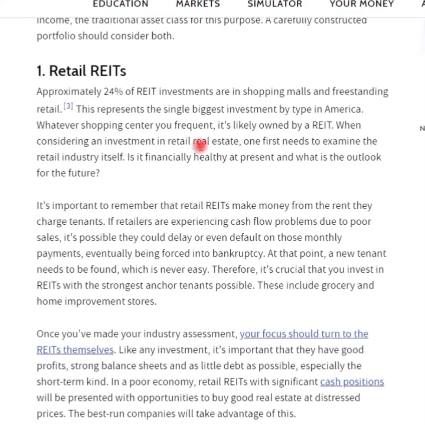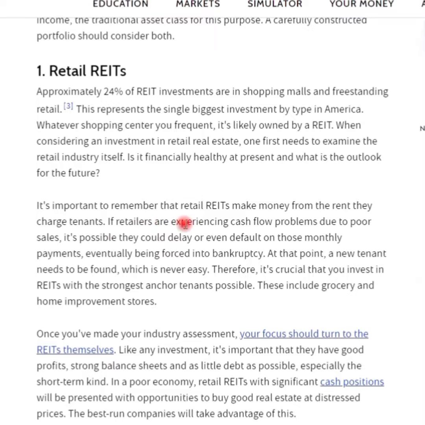When considering an investment in retail real estate, one first needs to examine the retail industry itself. Is it financially healthy at present, and what is the outlook for the future? It's important to remember that retail REITs make money from the rent they charge tenants.